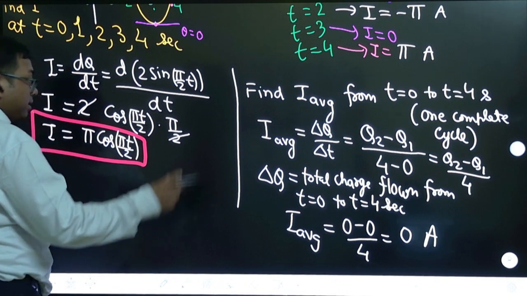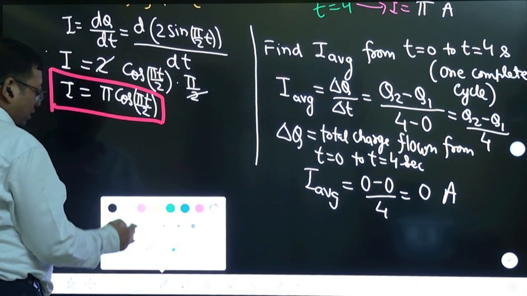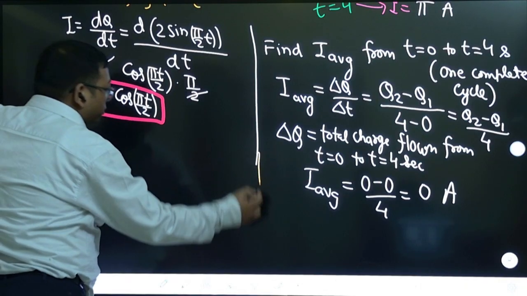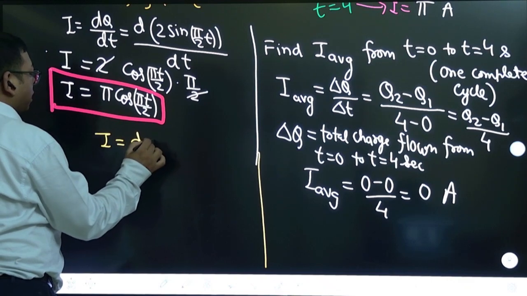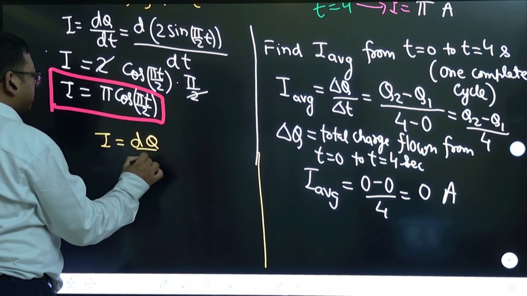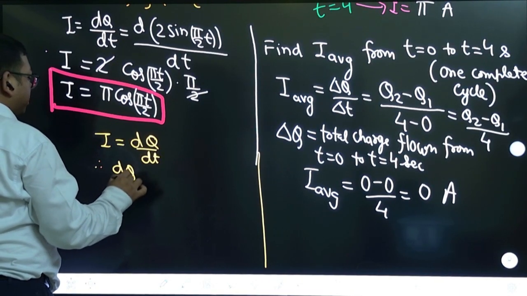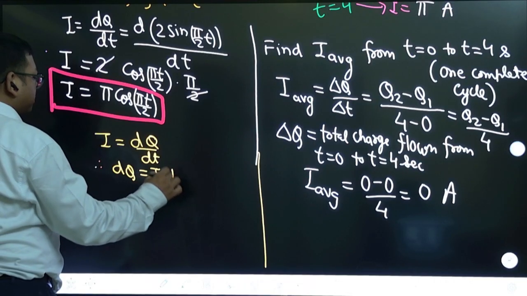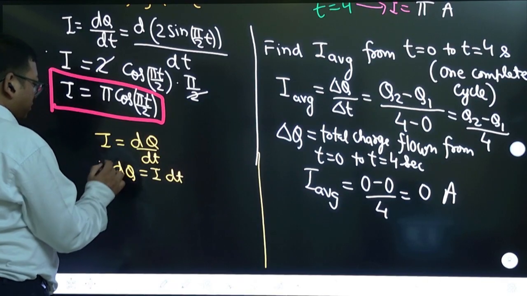So the basic idea is how to calculate delta Q. Note that I is equal to dq by dt. So from here dq can be written as I dt, and then we can integrate this.